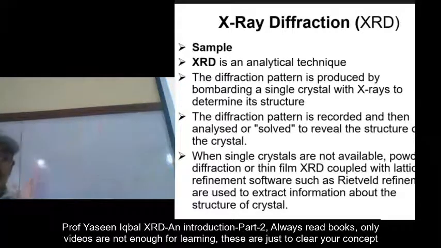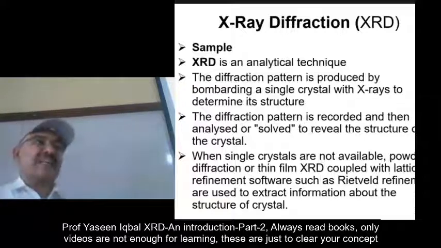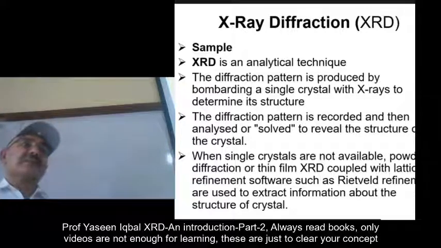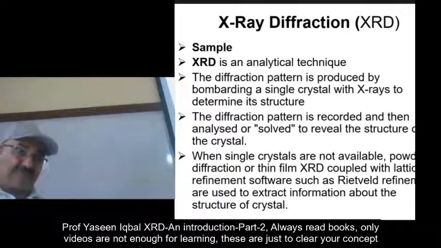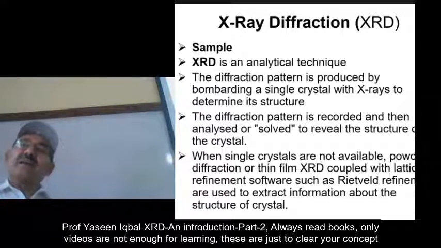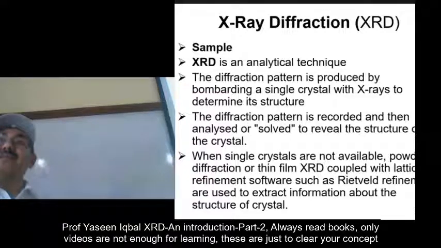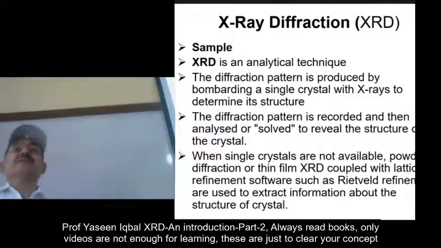So when you get your XRD pattern, the first thing is to get the interplanar spacings, 2 theta angles, and intensities from that data. There are different software programs which read the XRD data files.